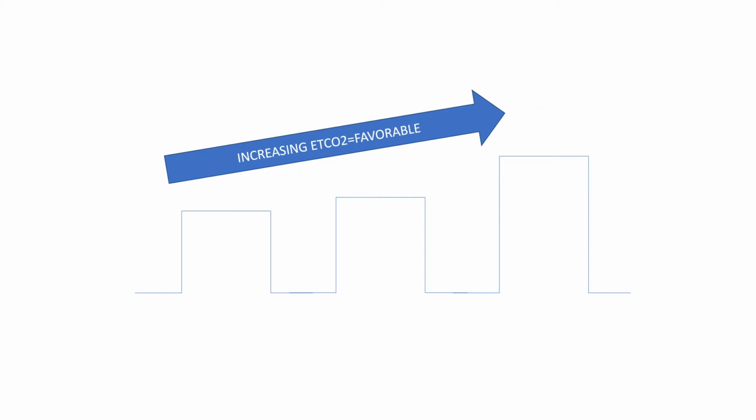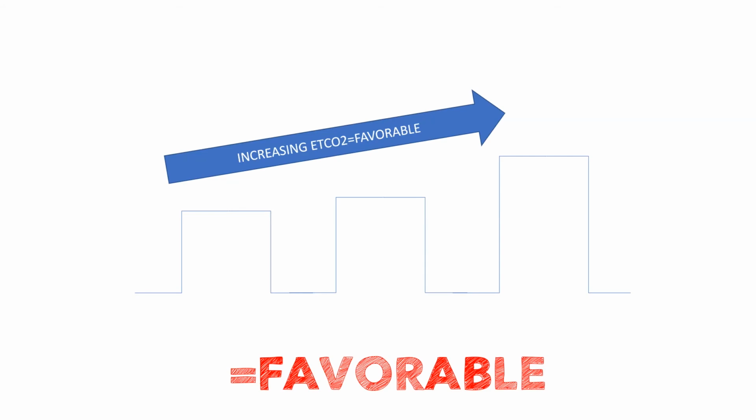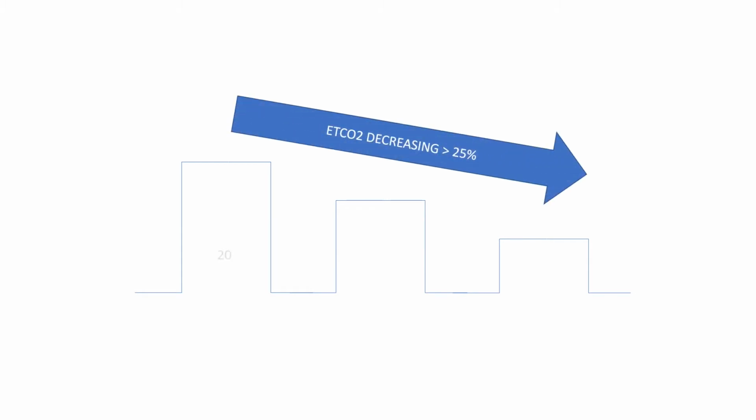End-tidal CO2 is a reflection of perfusion to the lungs, and therefore it's also a reflection of perfusion to the brain. So an increasing end-tidal CO2 is favorable. The converse is also true. A decreasing end-tidal CO2 throughout the length of the resuscitation is unfavorable.